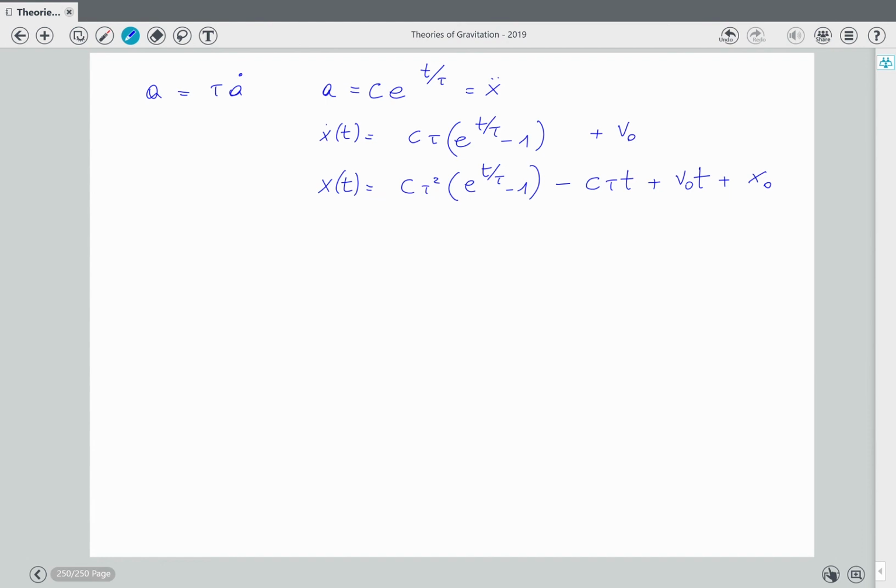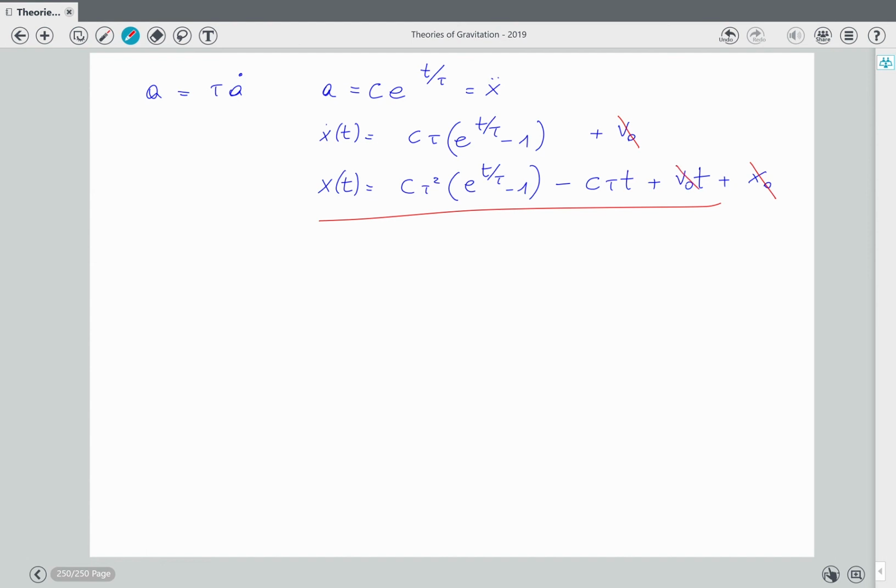So I can impose, see, I have a solution with three constants. I can impose x0 equals 0, if I want to say that the particle is at rest in the origin. Then I have this kind of solution. At t equals 0 it is at rest in the origin.